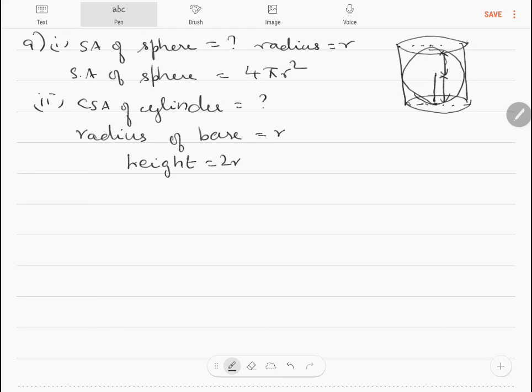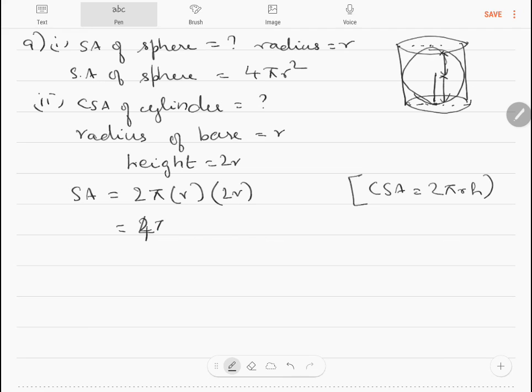So here the height is nothing but 2r. So substituting in this formula for the cylinder, 2 pi into r into 2r, because in the case of a cylinder the curved surface area is 2 pi r h. Just substituting the values of r and h, we will get 4 pi r squared.